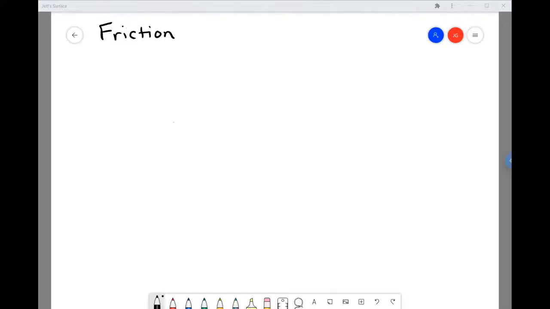And the point of these video simulations is to show you that there are two kinds of friction. Let's call the first kind static friction.